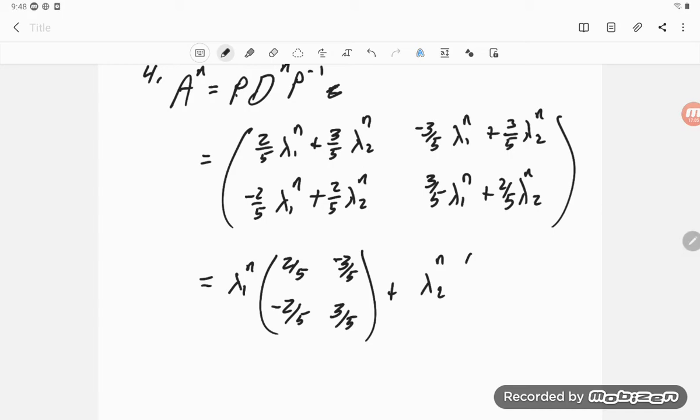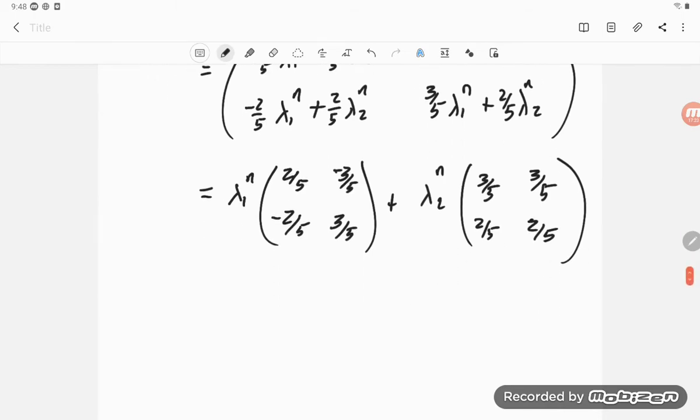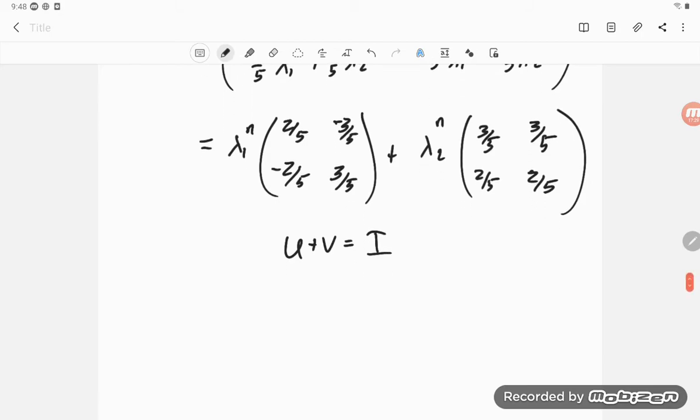And this is 3/5, 3/5, 2/5, and 2/5. And notice, adding these things up, we do indeed have U plus V is the identity. So that's just a little note in there.